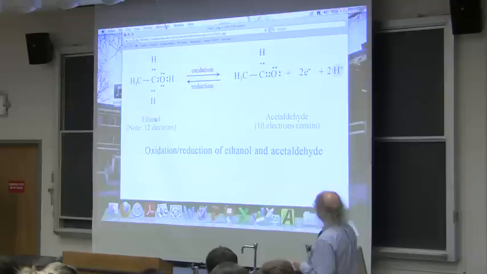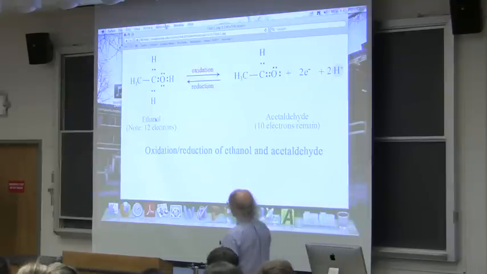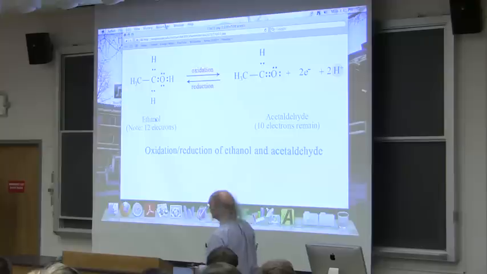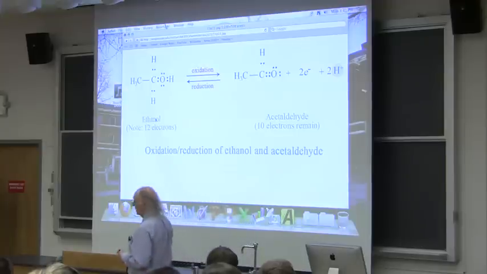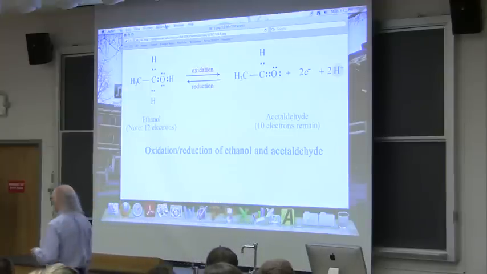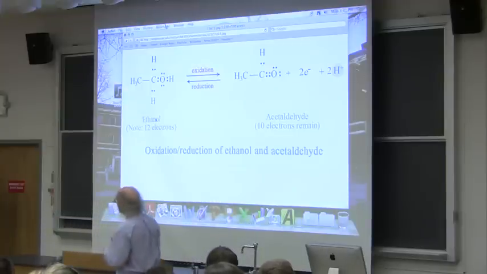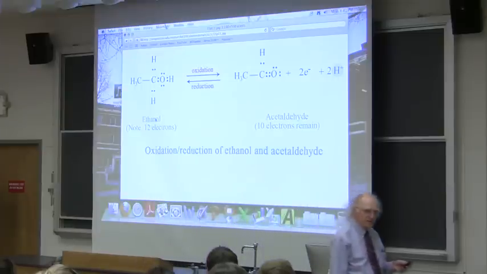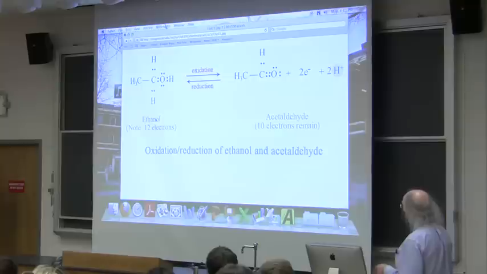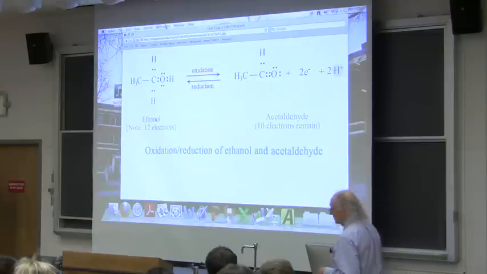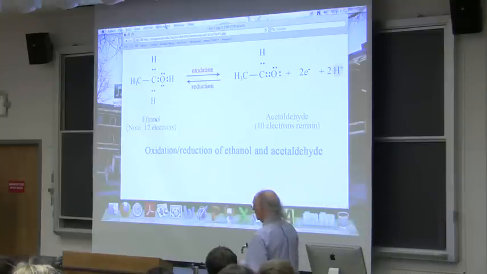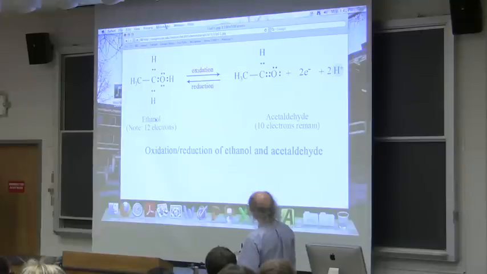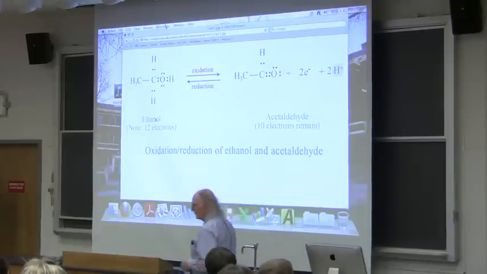It's becoming acetaldehyde. In the process, ethanol is losing 2 electrons and 2 protons. If I were to run the reaction backwards to the left and add 2 protons and 2 electrons to acetaldehyde, I would be going through a reduction. From left to right, I'm going in a catabolic direction. From right to left, I'm going in an anabolic direction.